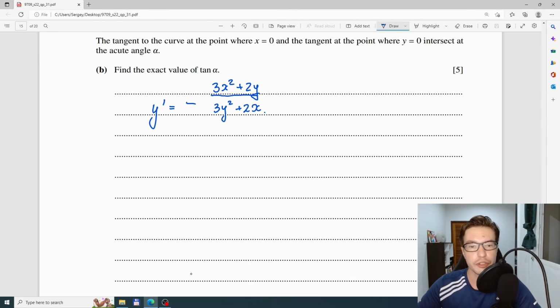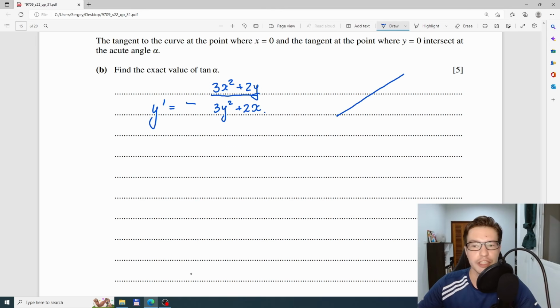Okay, for the next question, we're going to use the derivative. And we also have two tangents that intersect at an angle alpha, and we have to find the tangent of that angle. To start with, let's think about the derivative and what the derivative shows us. Apart from many things, it shows us the gradient of a tangent line at some point.